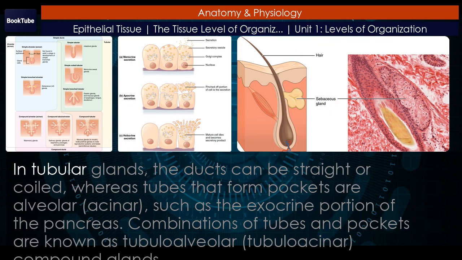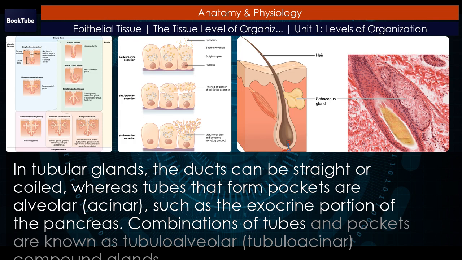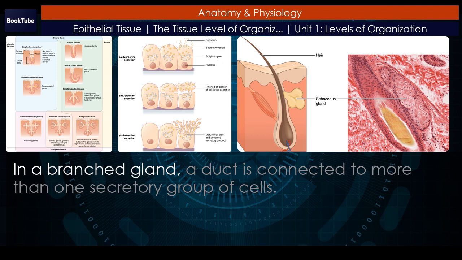In tubular glands, the ducts can be straight or coiled, whereas tubes that form pockets are alveolar, acinar, such as the exocrine portion of the pancreas. Combinations of tubes and pockets are known as tubuloalveolar, tubuloacinar. Compound glands. In a branched gland, a duct is connected to more than one secretory group of cells.